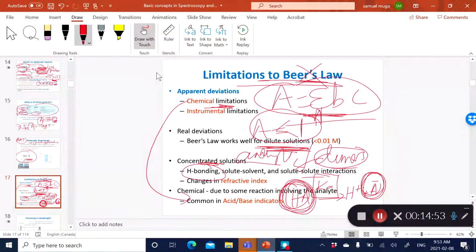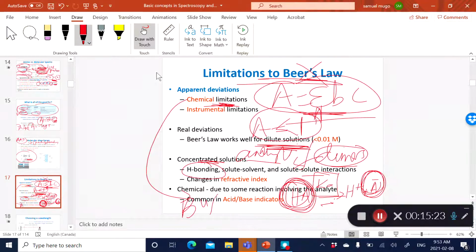And so if at all you've got a chemical species that undergoes chemical equilibrium, then remember again that Beer's law is not going to hold true. And so you may ask, what's the solution to this? Because most of the compounds that you guys are going to be working with in the lab are possibly weak acids or weak bases, the solution to this problem is, of course, you buffer the system.